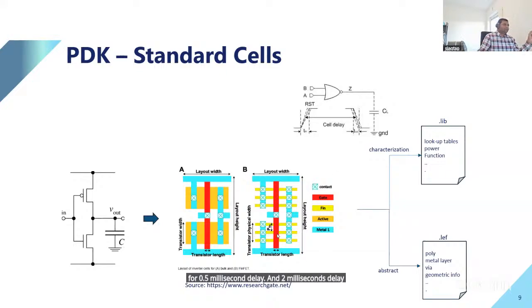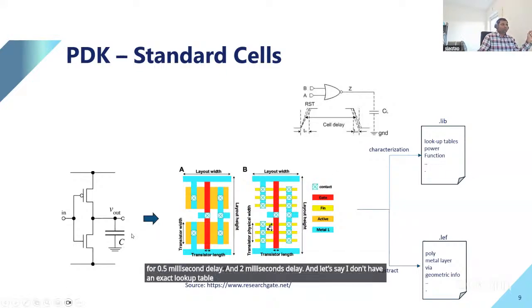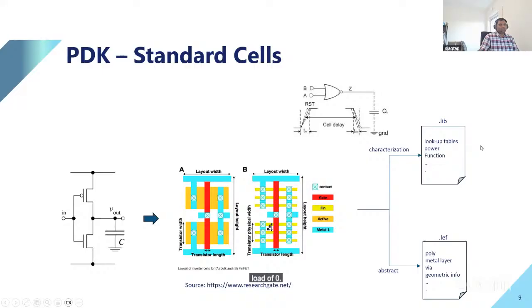And let's say I don't have an exact entry for 1 picofarad capacitance; I have a load of 0.5 picofarad or 2 picofarad. So I'm within the table, but not exactly on that row. Then it will do some interpolation.